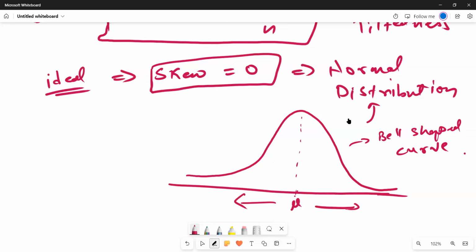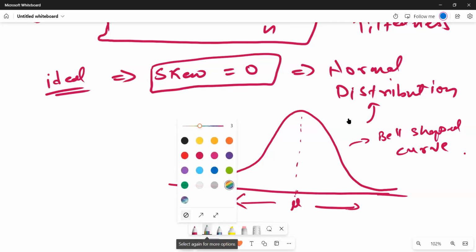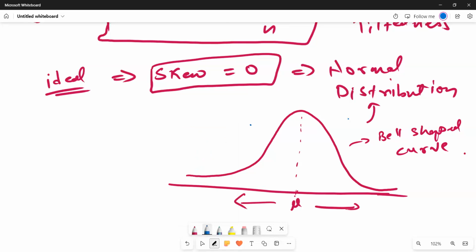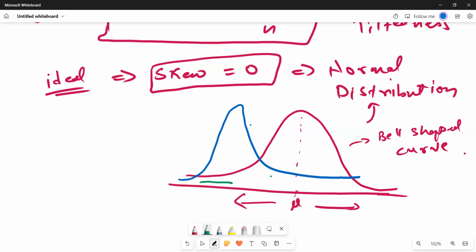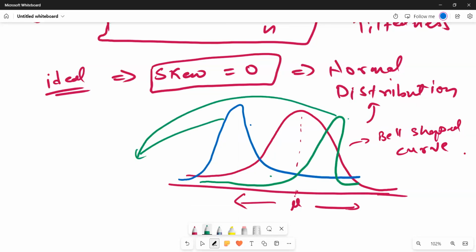Apart from this, let's say if you plot your data and the distribution of your data set looks something like this, or it looks something like this, then these two data distributions have skewness in the data and it has to be removed, right?